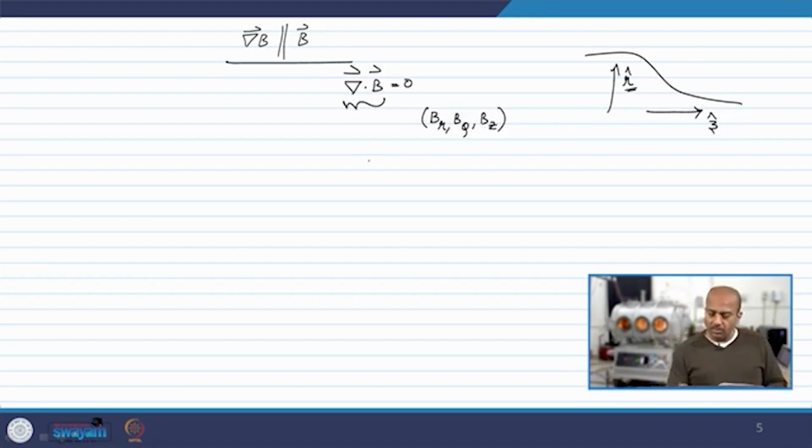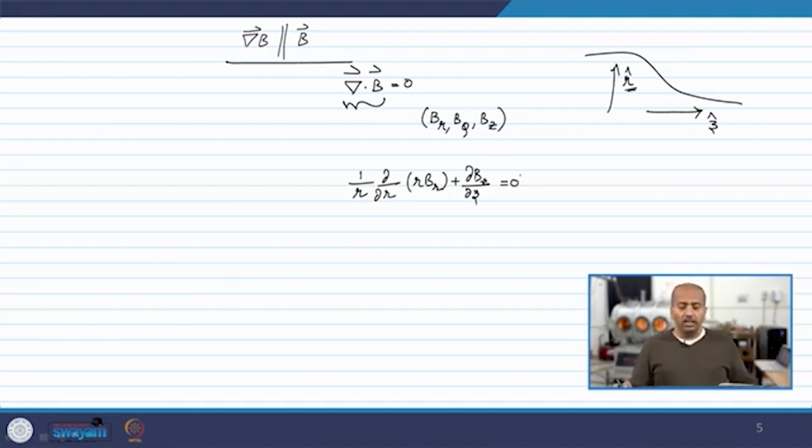If I expand this divergence, I can write 1 by r dou by dou r of r Br plus dou Bz by dou z is equal to 0. I have not written the phi component of the divergence, because B phi is 0, or the change in B phi along phi is also 0 at a given value of r.